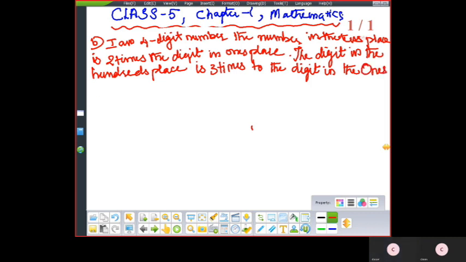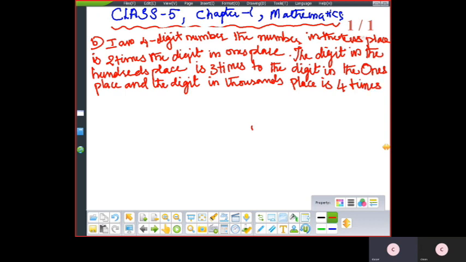Then, and the digit in the thousands place is 4 times the ones place.